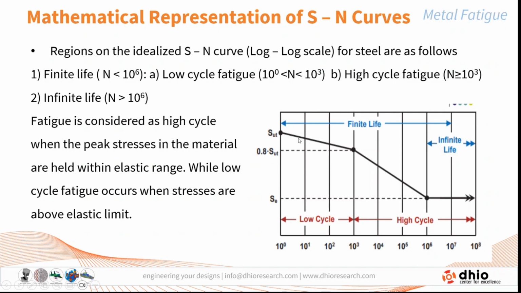In the very first instant, when it is subjected to a high stress value, from the ultimate strength to 0.8 times ultimate strength, or sometimes up till the yield stress, the metal behavior is going to be different, having a different slope, and that particular region you call low cycle fatigue.